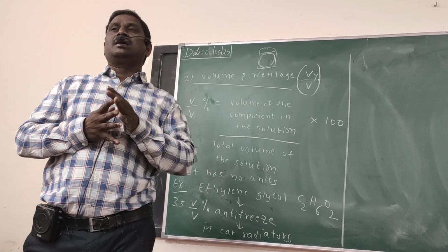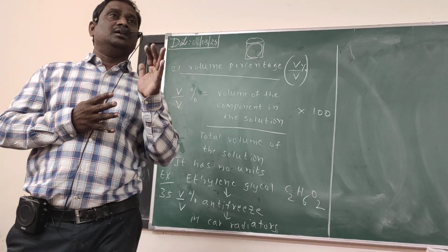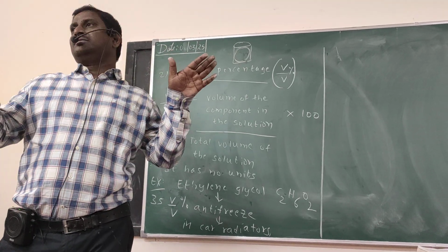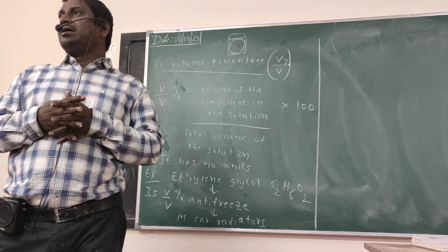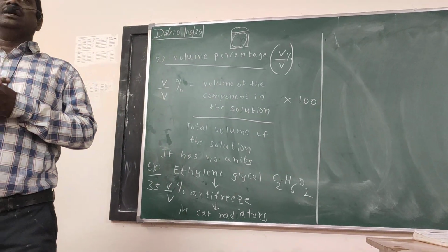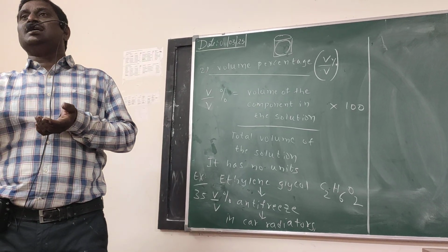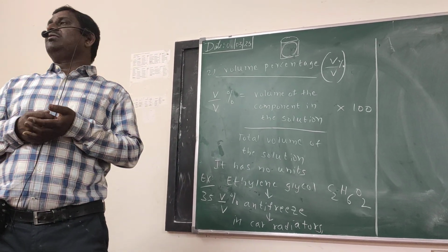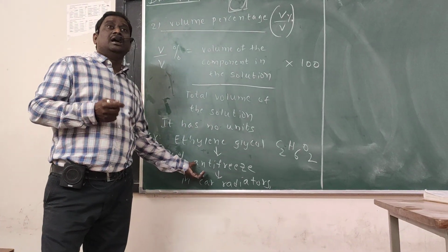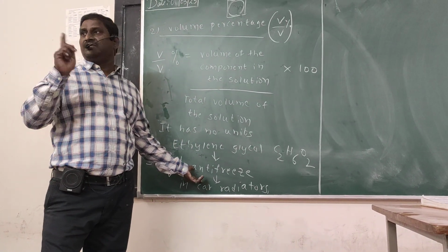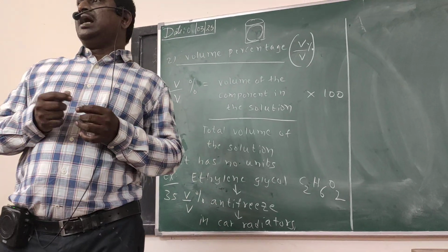If you take California in America in winter season, it is completely cold and all cars will not start, because ethylene glycol is not added. If ethylene glycol is added, they will not freeze. So ethylene glycol acts as antifreeze.